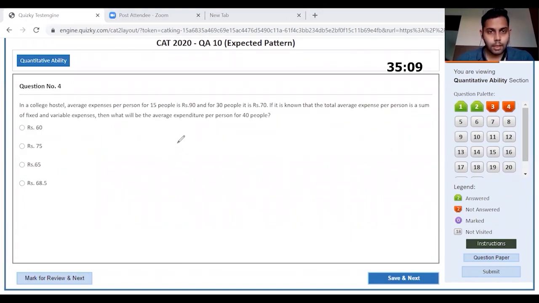30 people, it's 70. So fixed plus 15x is equal to 1350 होगा, and fixed plus 30x is 2100. So 15x is equal to 750.